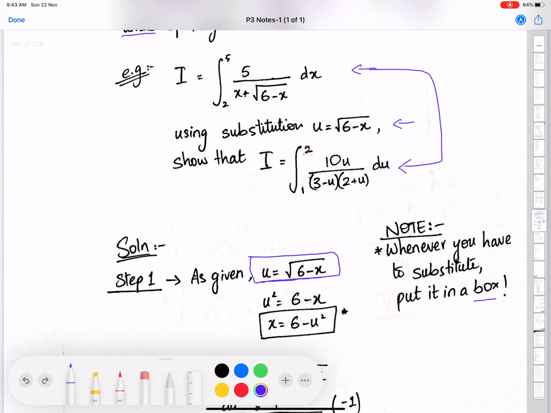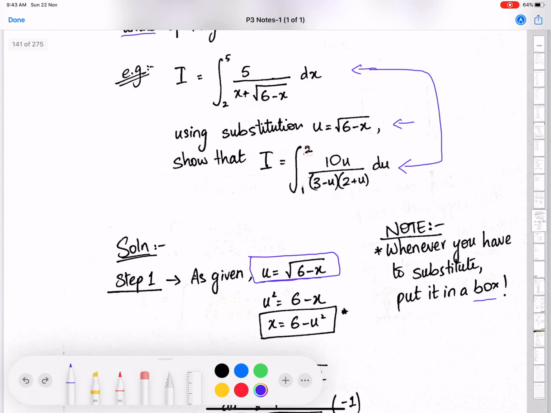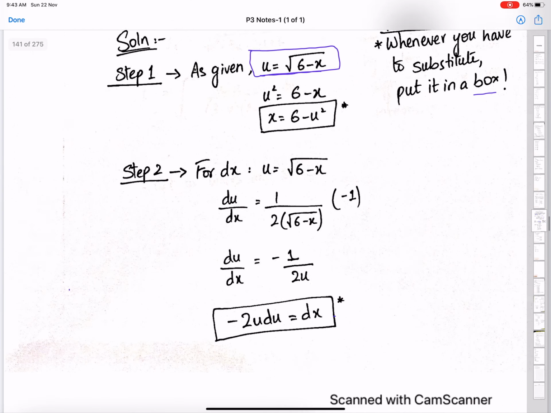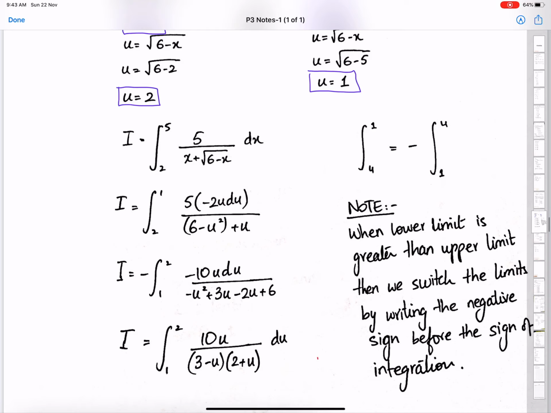So we have this box, and the box of dx, and then 2 boxes for limits. So this is the question. Make sure you first copy the question so that you can substitute everything correctly and properly. So when x is 2, then u is 2.